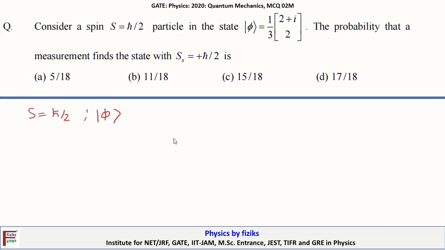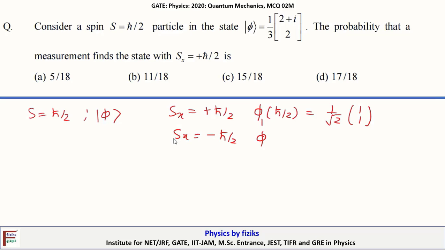So for Sx plus h cross by 2, phi 1 has the wave function 1 by root 2 (1, 1). And similarly Sx with minus h cross by 2, phi 2 having eigenvalue minus h cross by 2 would have wave function 1 by root 2 (1, minus 1).